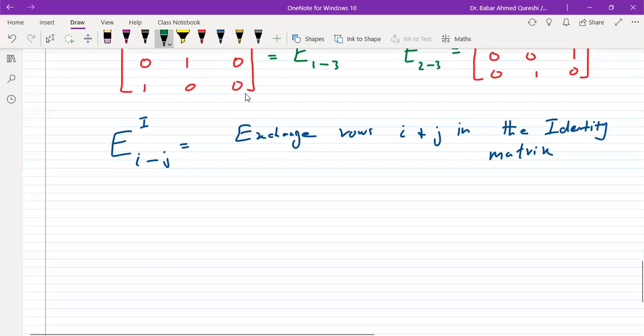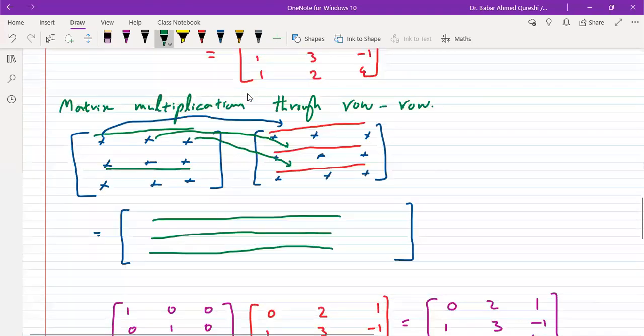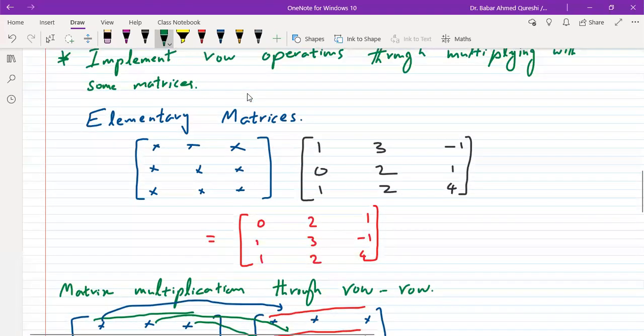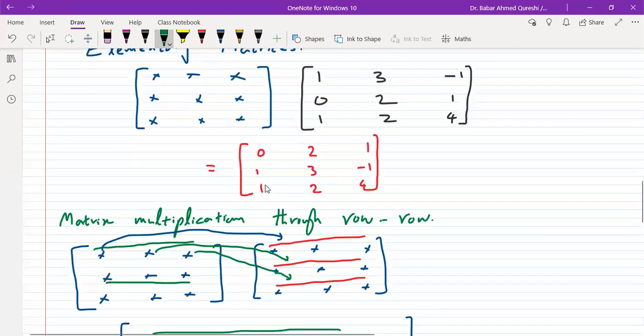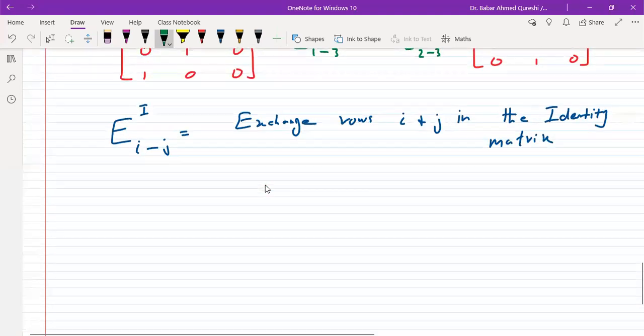Then, our goal typically, when we are given a matrix and we want to solve a system, is to bring it to row echelon form. Well, even better, bringing it to reduced row echelon form. To do that, we needed 3 operations. Sometimes we had to multiply with a number as well.